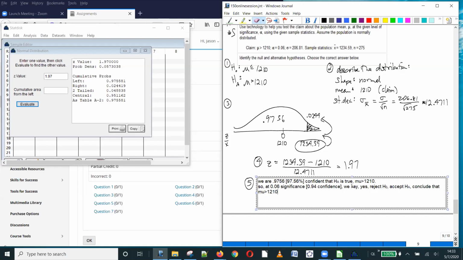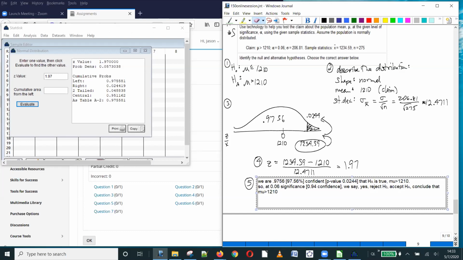Another way to think about this is to talk about it in terms of the significance. So 0.9756, the area to the left, is the confidence level. Alternately, we could say that we have 0.0244, the area to the right, or the area in the tail, is the p-value.